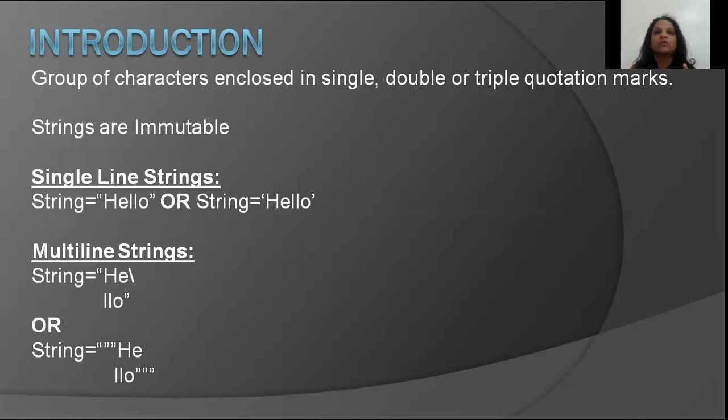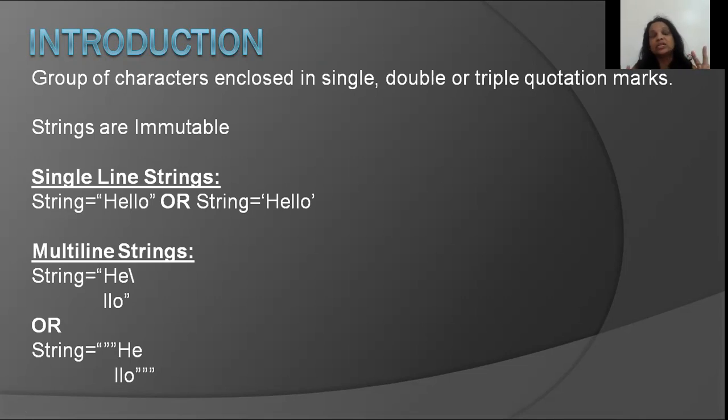So there are two ways of writing multiple line string. One method says you write the string, and when you realize you need to go to the next line, you put a backslash, and then on the next line you continue with the string. That's what I've shown in the first method. And these strings can be within single quotes or double quotes. But if you're going to use triple quotes, then you write the string as it is on the first line, and when you think you need to move to the next line, just press the enter key and move to the next line.